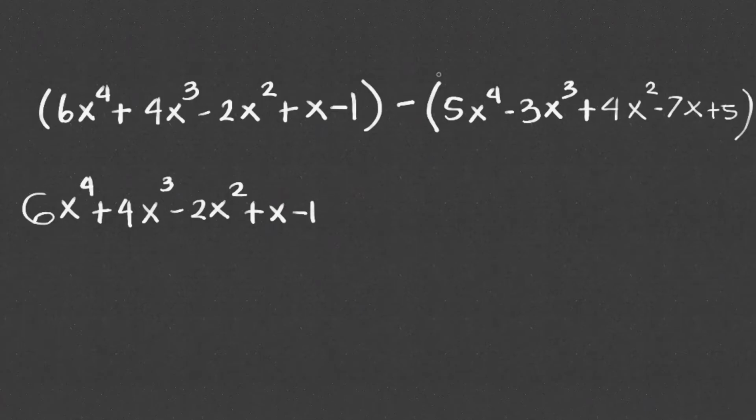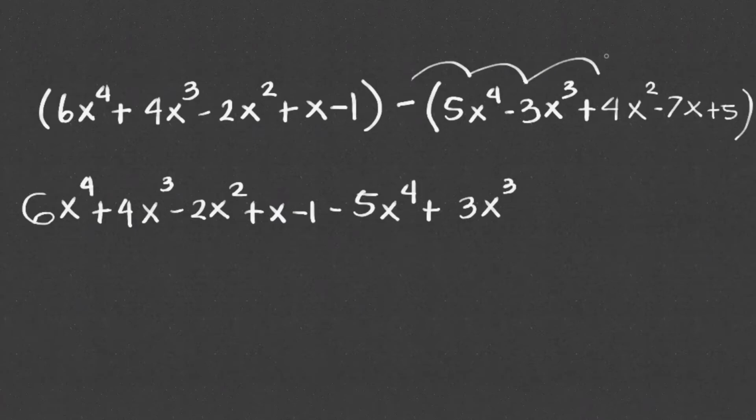And then, let's multiply the negative sign to all that is in the parentheses. So negative times 5x raised to the fourth is negative 5x raised to the fourth. And negative times negative 3x cubed is positive 3x cubed, since negative times negative is positive.